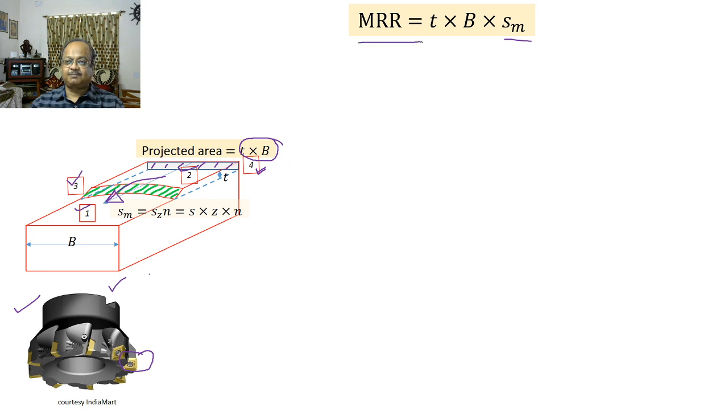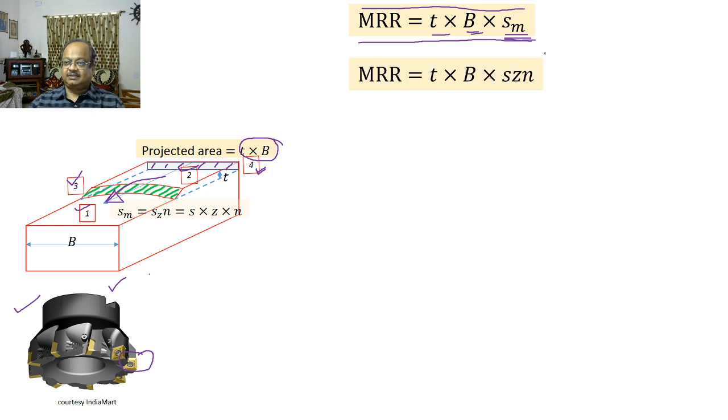So from that particular aspect, MRR in milling comes out to be axial depth of cut into width of cut or width of the job into the feed rate. This we are giving you as an example of face milling. If it is end milling, a similar expression can also be obtained.